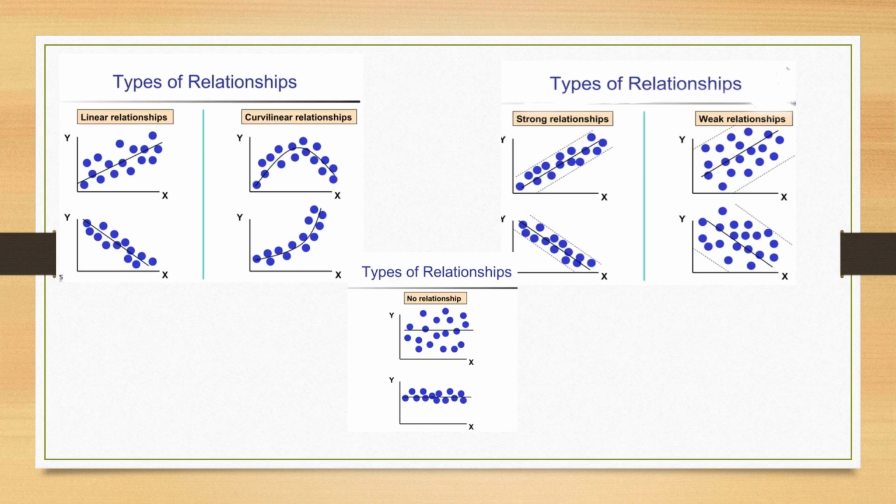Here I have shown another relationship, which is strong and weak. We can identify from the picture which has a strong relationship and which has a weak relationship. Downwards we can identify there is a no relationship concept too.